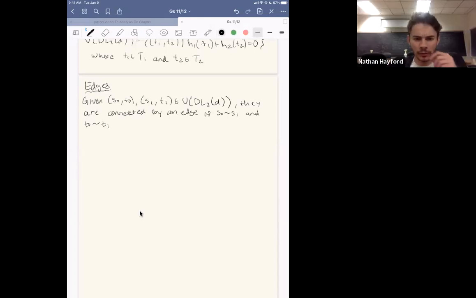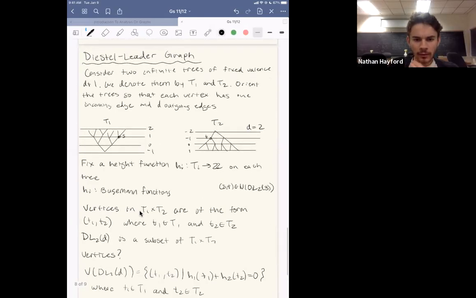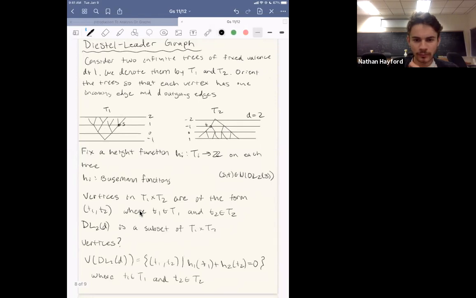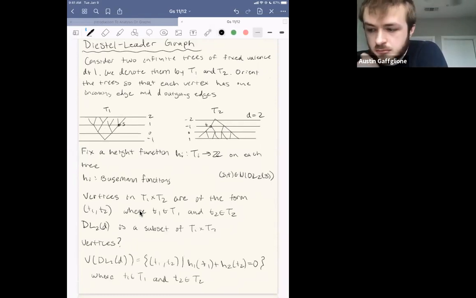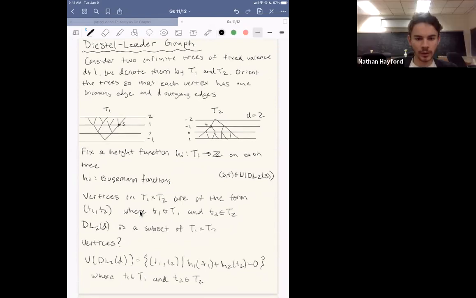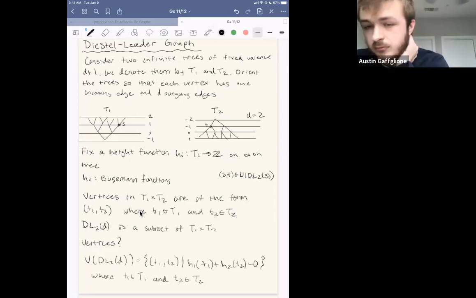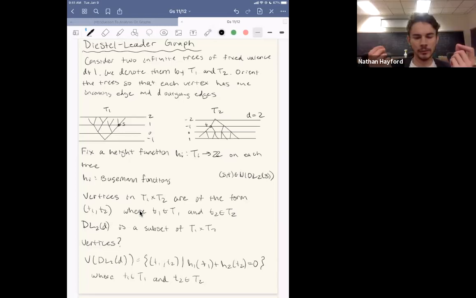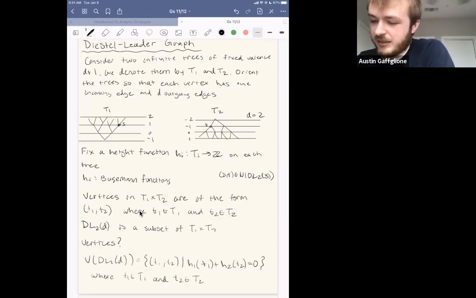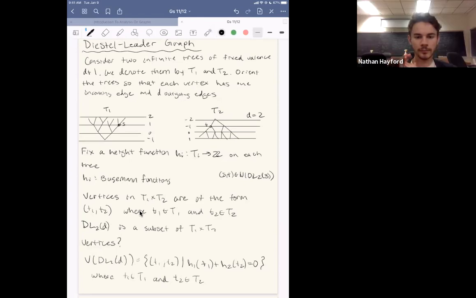So could you go back up to the picture then really quick? Oh yeah, sure. So, for example, S and T is a pair, it's a vertex in the graph. And if I were to pick something else on the same level, another S in T1 and another T in T2, that counts as a vertex, or there would be an edge between those two, I think. Did I read that correctly? Yeah. So (S, T) is a vertex in the Diestel-Leader graph.